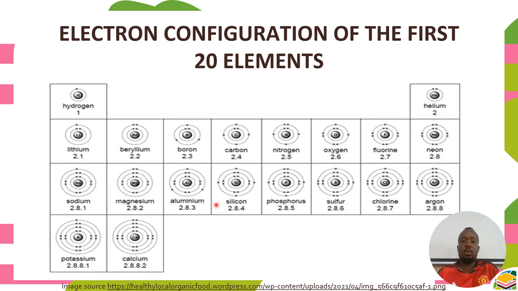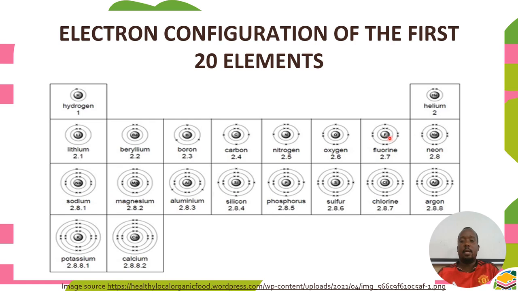So these are the first 20 elements. For hydrogen, we have one electron. So this one electron will be filled in shell number 1, the innermost shell.